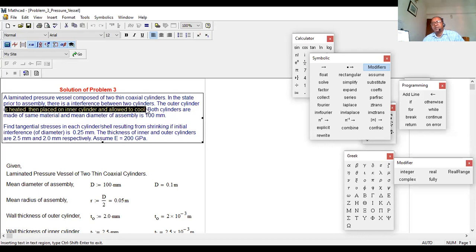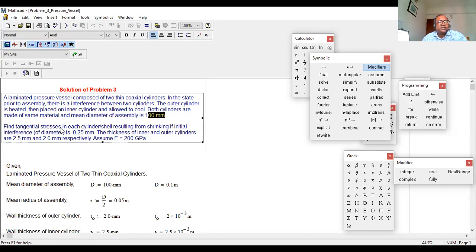What happened? So you heat up the outer cylinder, its diameter increases, then you put the inner one in, like I'm holding my hand, then at room temperature, the outer one will shrink, cool down, right? Then they hold each other tightly, and at the interface there will be some pressure. Both cylinders are made of the same material and their common diameter is 100 millimeter.